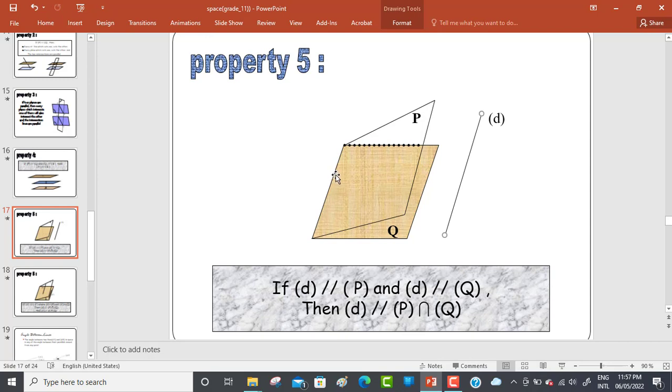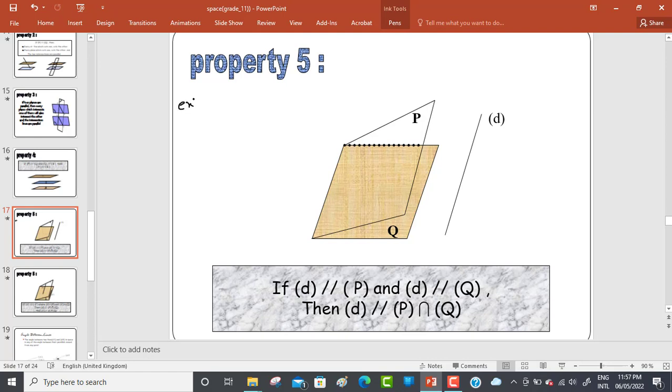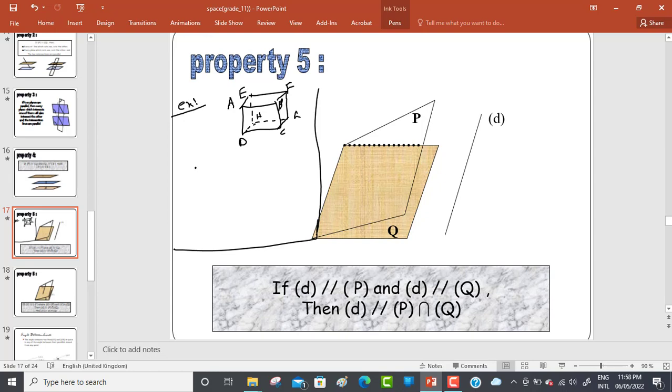For example, if you have a cube A, B, C, D, E, F, G, H, line EF is parallel to the plane ABCD, as you can see.